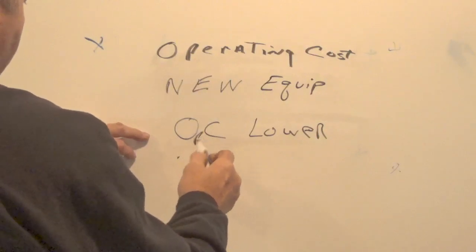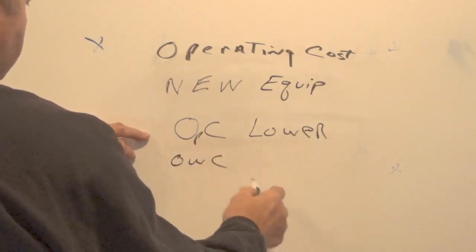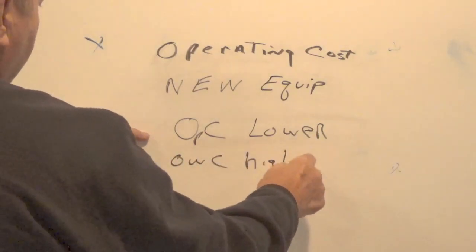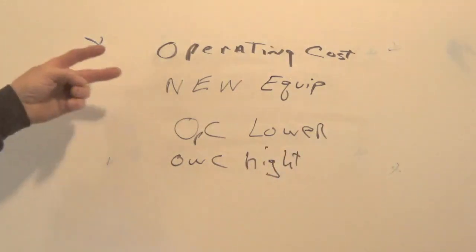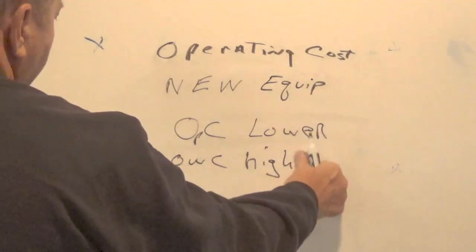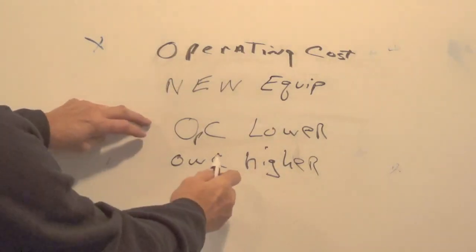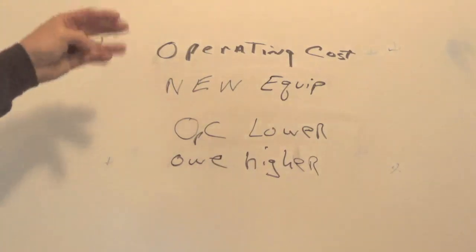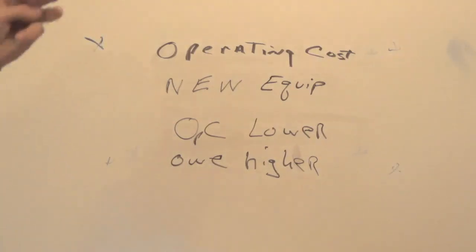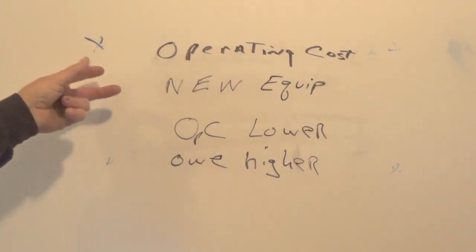So we'll put operating costs, and then owner's costs are higher because, like I say, you're paying interest, for instance, on this thing. You're paying the initial monies that are put out to get it going and get it into place. For instance, a down payment.